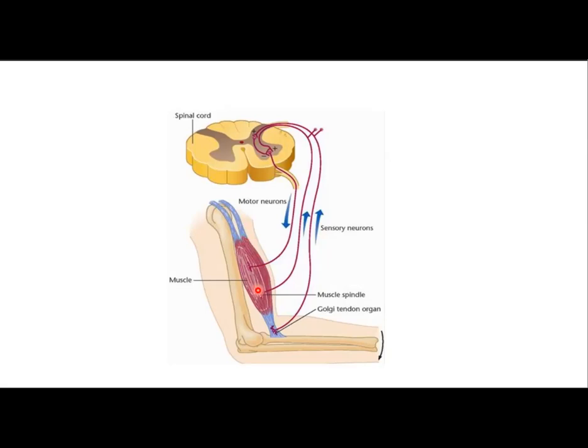First, the muscle spindles do their job, telling the bicep to fire up, because if you don't, we will drop the weight. After that job is done, the Golgi tendon organ checks on the tension, and it will tell the brain, okay, it's okay.